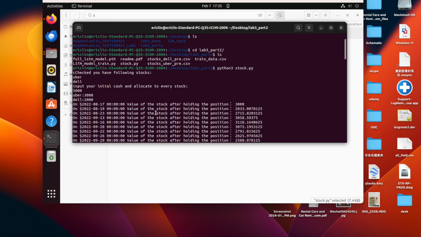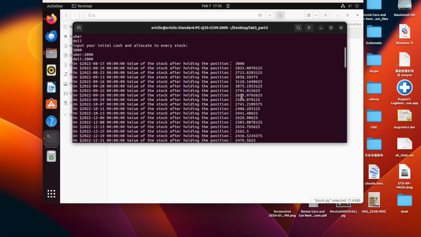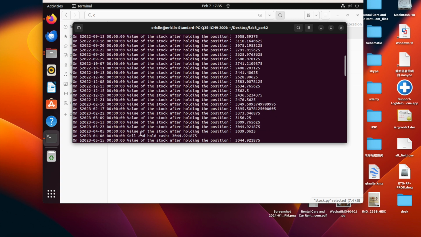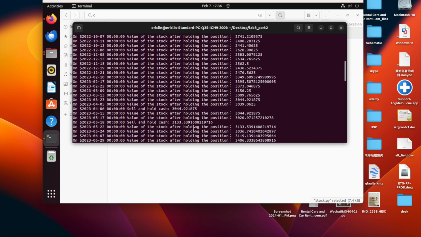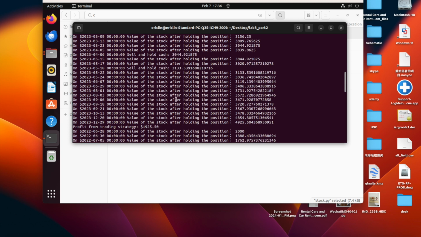From the first result, we input our initial cash for Uber as 3,000, and it will hold and still hold. And this time, it will sell because our algorithm indicates the sell signal. So it will sell and hold.